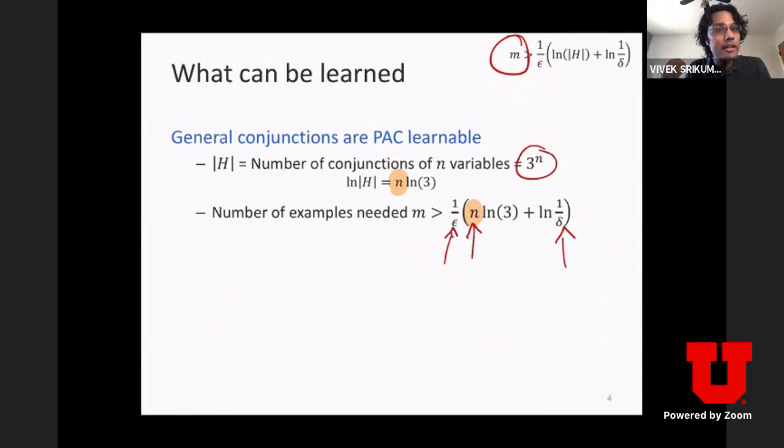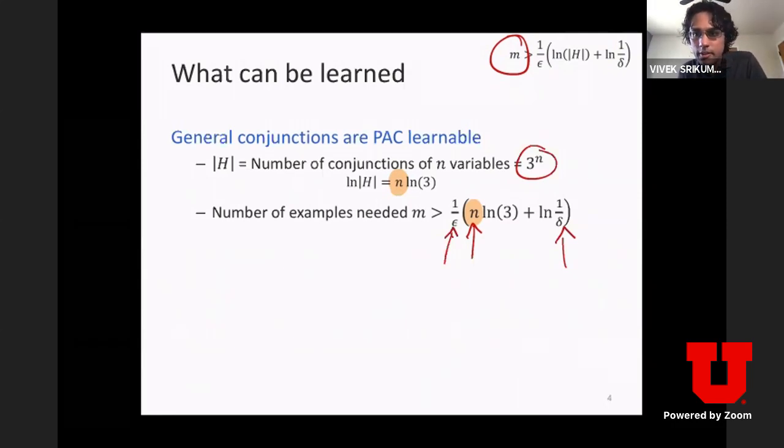If you have this many examples, then there exists a classifier whose error is less than epsilon, and the probability that you can find such a classifier is more than 1 minus delta. So this means that general conjunctions are PAC learnable.